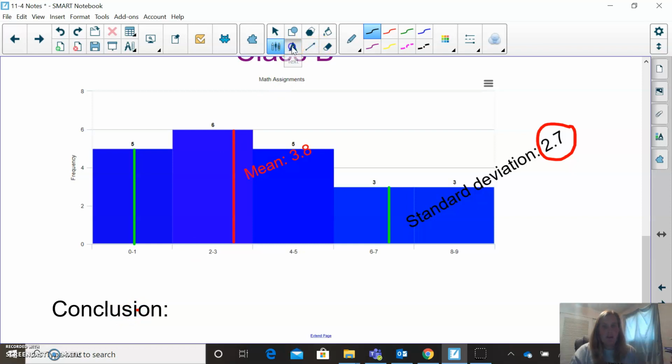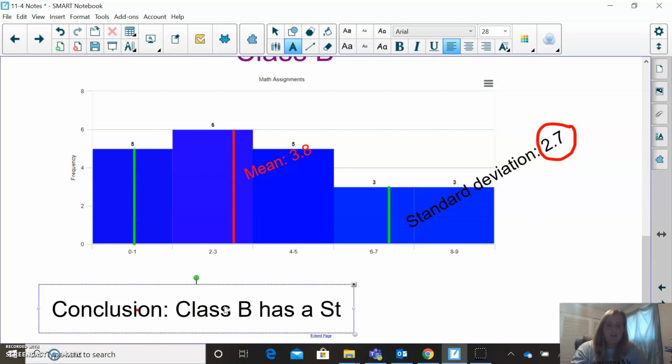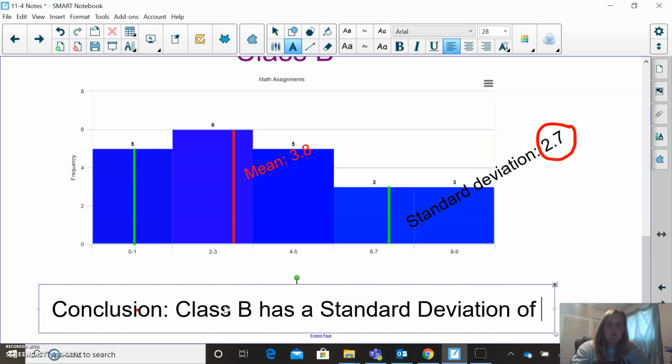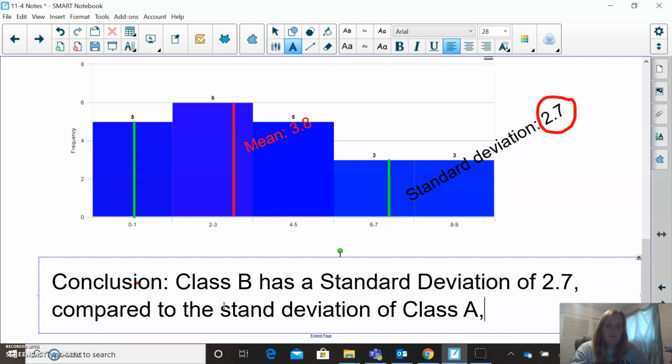So, let me actually write that down. Class B has a standard deviation of 2.7 compared to the standard deviation of class A of 2.3.